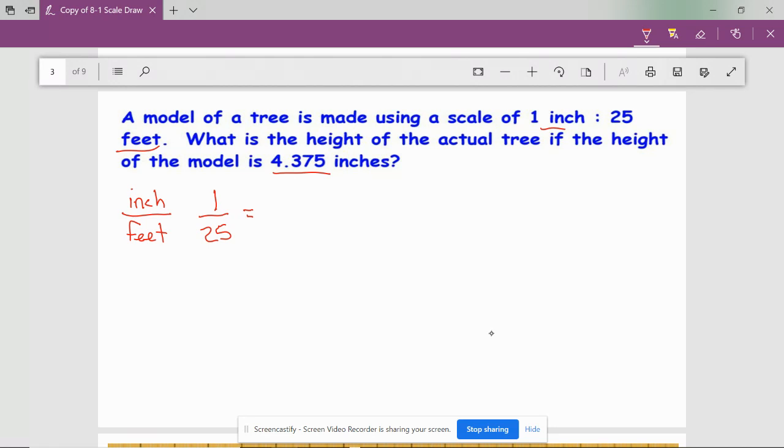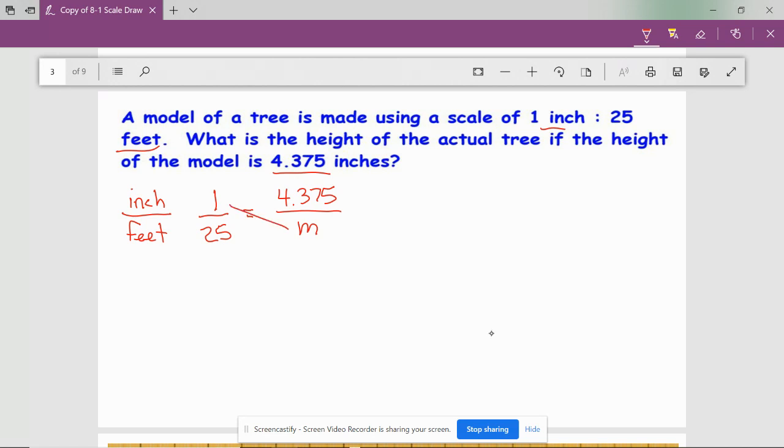So we put 4.375 on top, and the bottom part is the actual height of the tree in feet. That is our variable, m, what we're trying to look for.